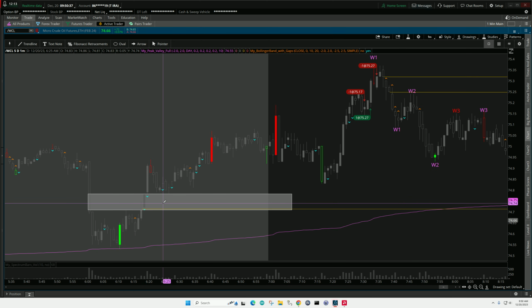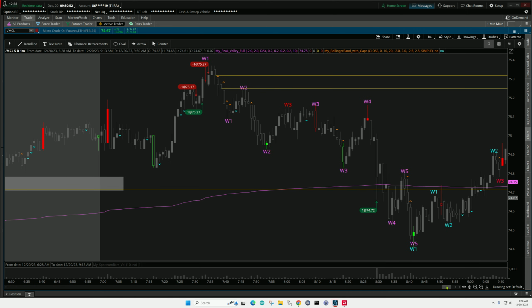And once again, the whole premise for this trade was poor structure on this candle, immediately retraced with poor structure here and creating a gap. So that's my trade in crude oil for today.